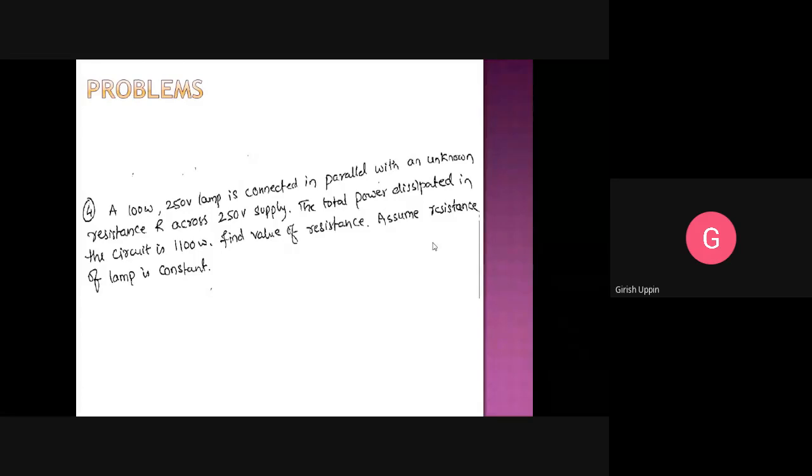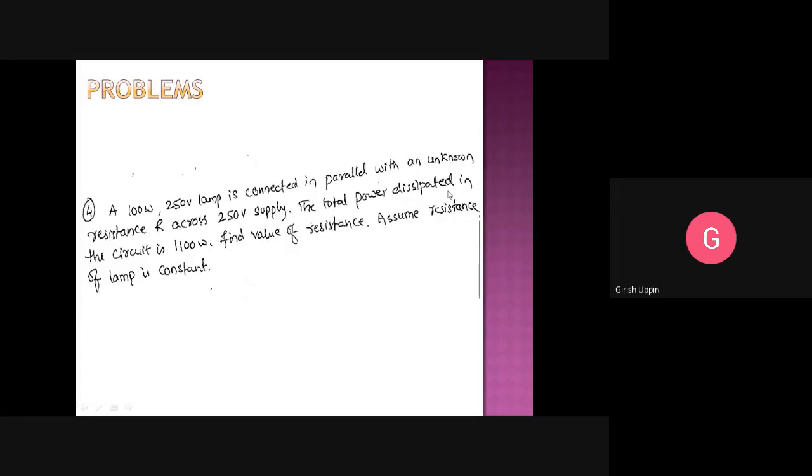A 100 watt, 250 volt lamp. So this is the specification of the lamp. A 100 watt, 250 volt lamp is connected in parallel with an unknown resistance R, and that combination is connected across a 250 volt supply.